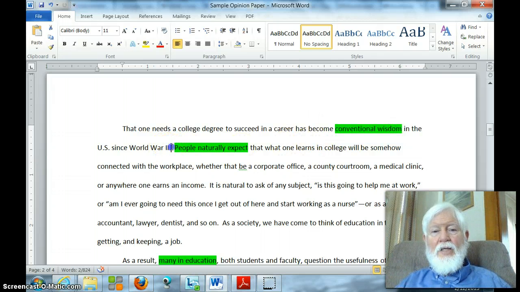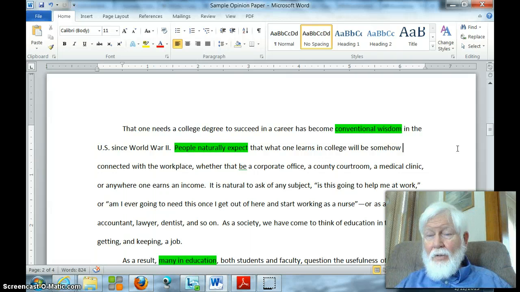Conventional wisdom. People naturally expect. What is the writer doing here? And by the way, the writer is myself, of course. This is a sample paper that I wrote for the benefit of you all in English 102, so you could see an opinion paper. People naturally expect. This is announcing what they say.